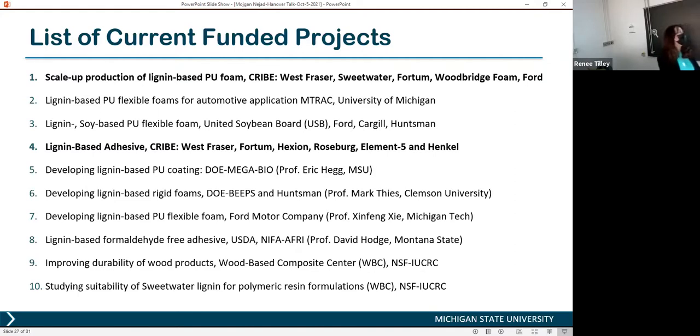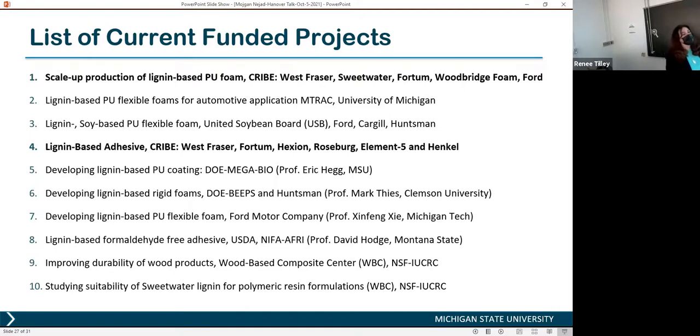The fourth one is the CRIBE, the consortium that I mentioned. The phenolic part, Mojgan is working on that section, and the polyurethanes part, Said, my PhD student, is working on that one. Then we have a DOE funded project to use lignin for proteins application that I mentioned. The main PI is Professor Eric Hegg at MSU, and Said is working on that project.